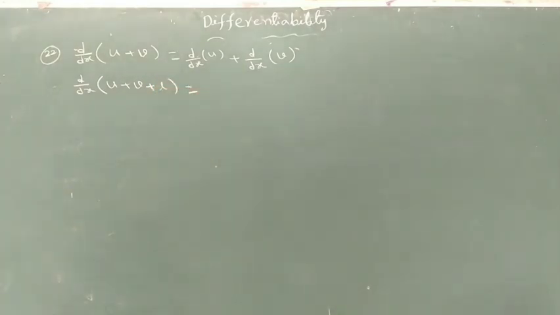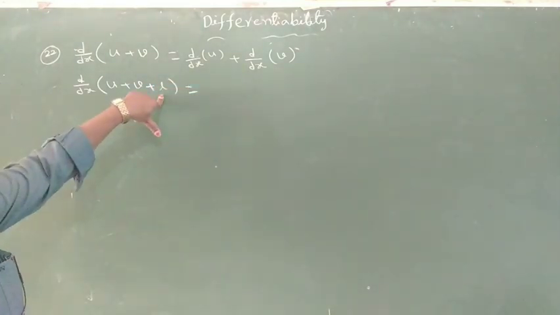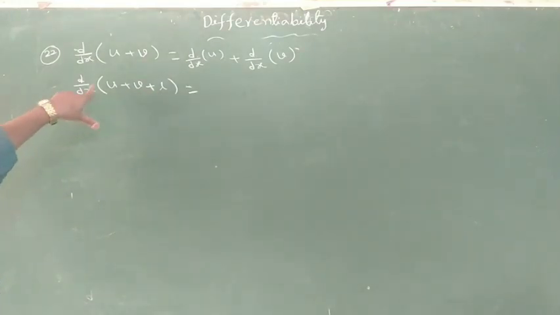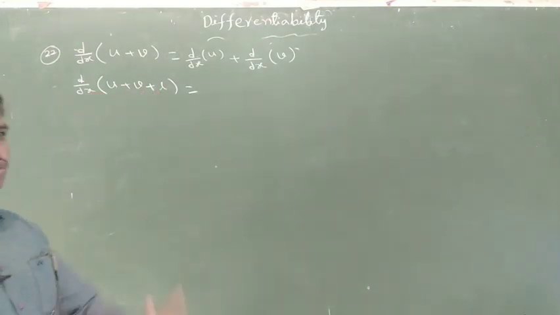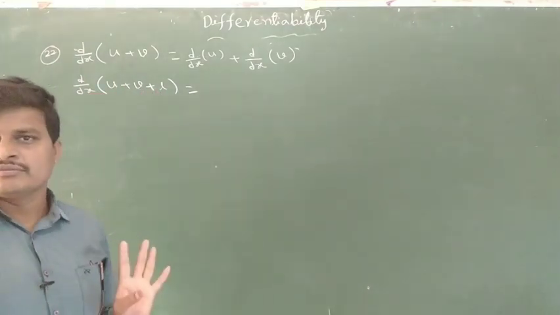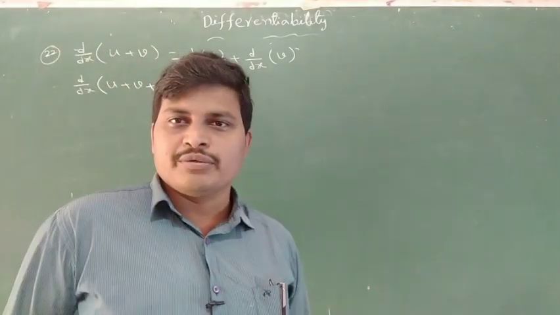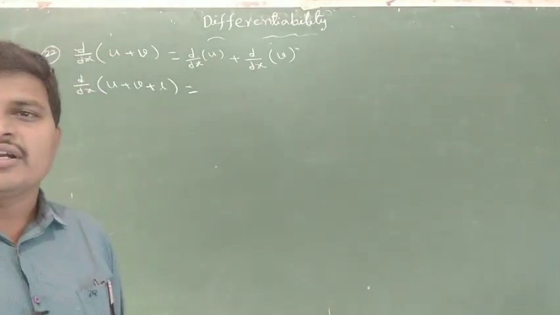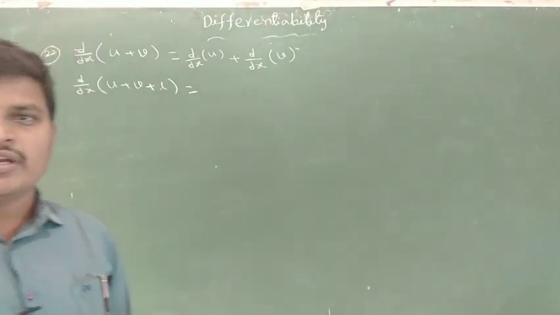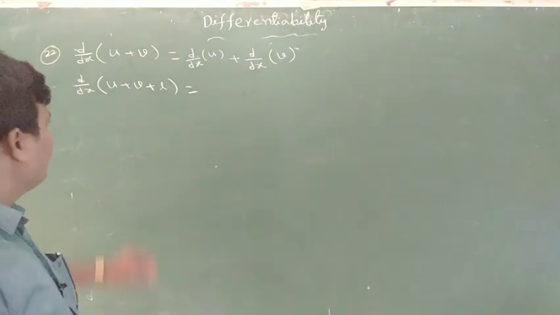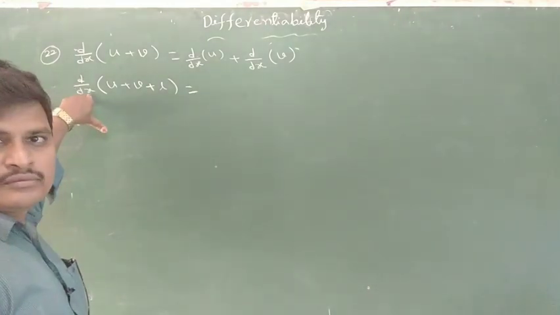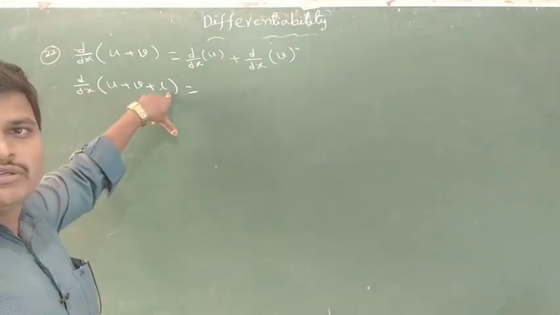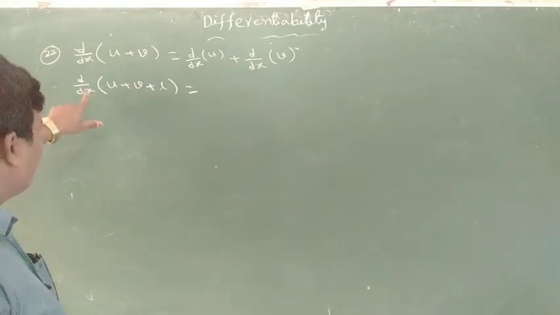For example, here u, v, l are functions, not constants. In the derivative chapter, only two are not constant: the functions which are with respect to x, like y, x, u, v, w or any function, and the variable we differentiate with respect to.